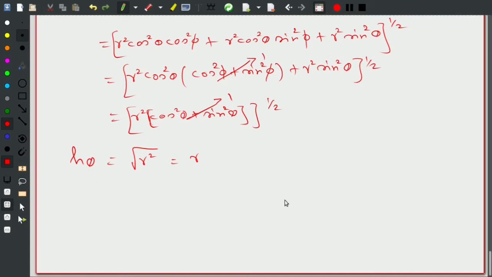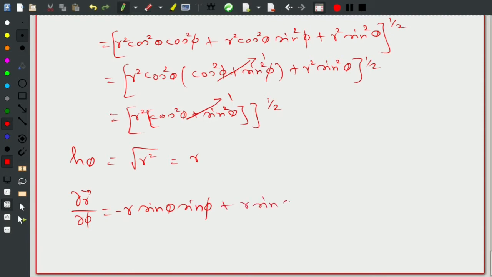Okay. Similarly, next we have to find ∂r vector divided by ∂φ, right? So ∂r vector divided by ∂φ is, we have r sin θ cos φ, so differentiating we have minus sin φ, right? Plus r sin θ sin φ, so if we differentiate we have cos φ, and this is ĵ.